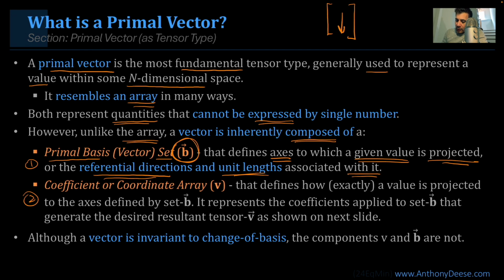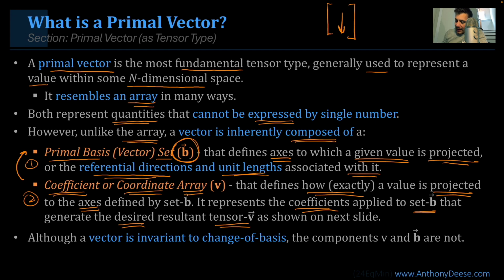We then have the coefficients, or the coordinate array, and they define exactly how a value is projected to the axes defined up above. It represents the coefficients that you can apply to that set that generate the desired resultant tensor v, as shown on the next slide.